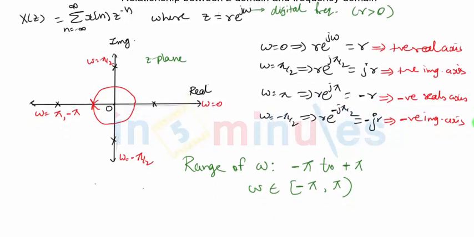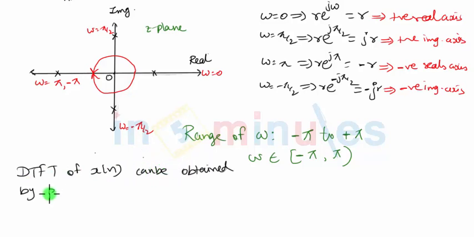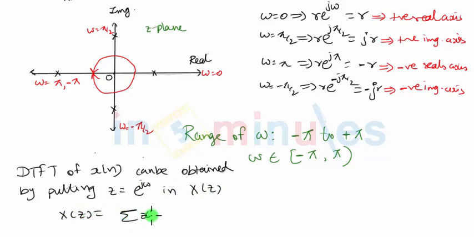Now let us complete this whole thing by defining something called DTFT. The DTFT of x of n, where DTFT stands for discrete time Fourier transform, can be obtained by putting z equal to e raised to j omega in x of z. We had defined x of z as summation x of n into z raised to minus n.